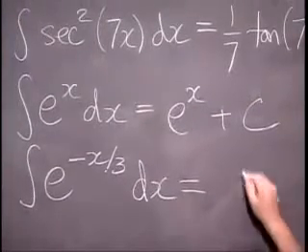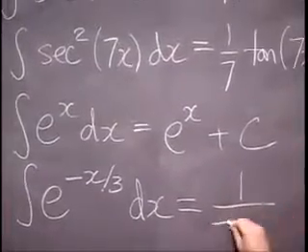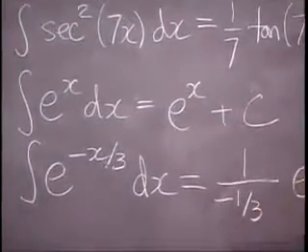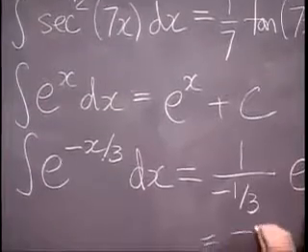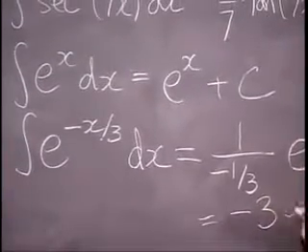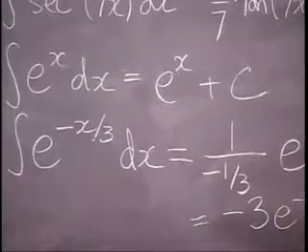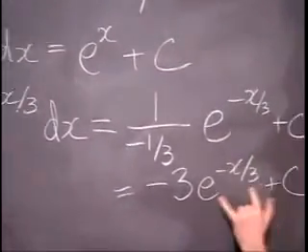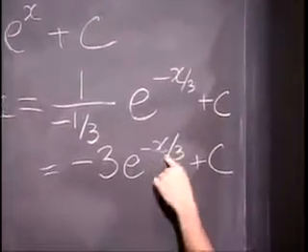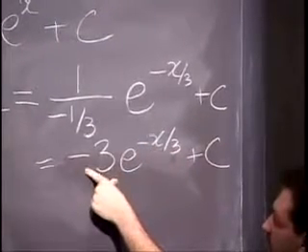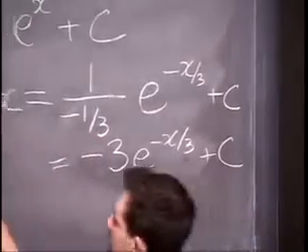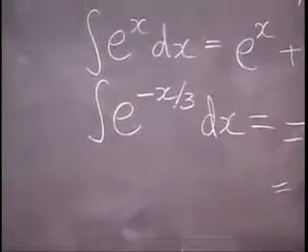So I'm going to divide by minus 1/3, which of course is the same as multiplying by minus 3. Reality check, differentiate this, you get e to the minus x over 3 times minus 1/3. The minus 1/3 kills the minus 3, and you just get e to the minus x over 3.